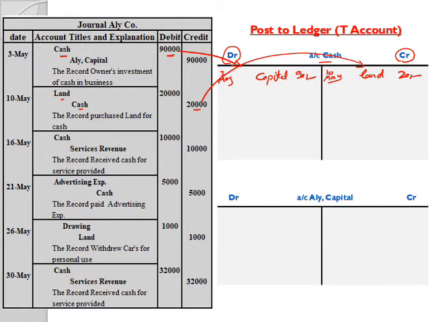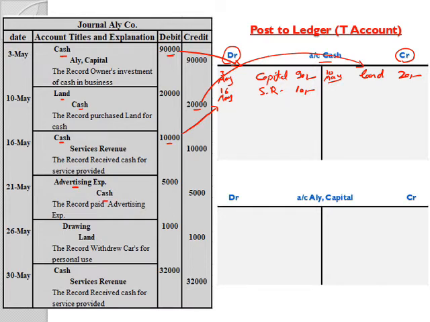Entry number 3, cash record in the debit side, amount in the debit column, transfer to debit side 10,000, services revenue, date May 16. Entry number 4, advertising expenses to cash.